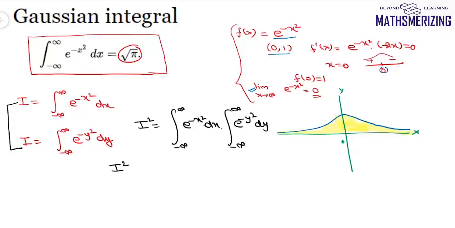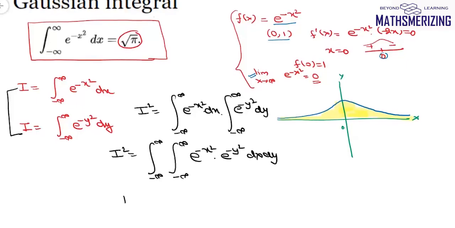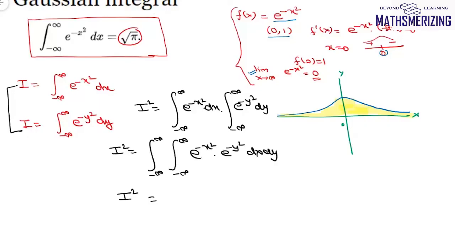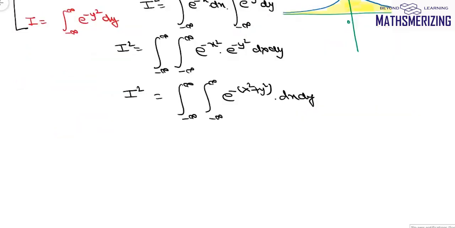From multivariable calculus, I can write it as a double integral from minus infinity to plus infinity, and again from minus infinity to plus infinity, of e to the power minus x squared into e to the power minus y squared dx dy. So I express this as I squared equals the double integral of e to the power minus (x squared plus y squared) dx dy. Now how do we solve this double integral?